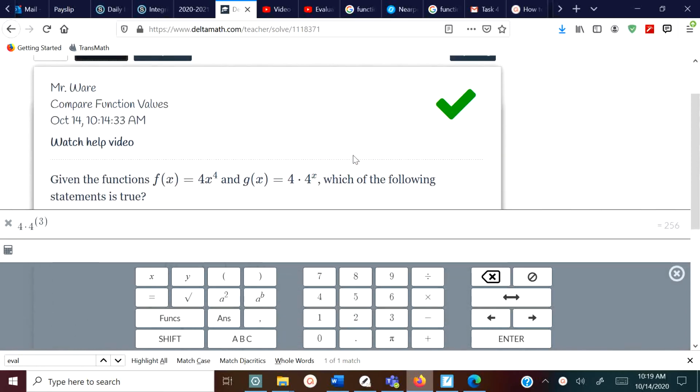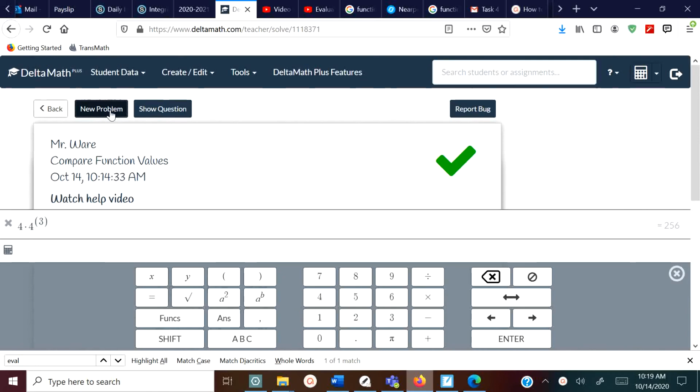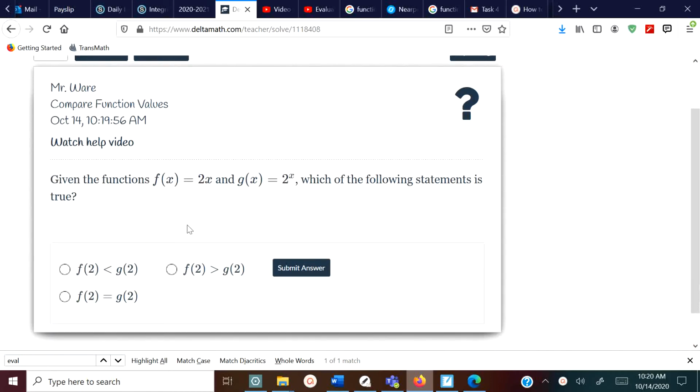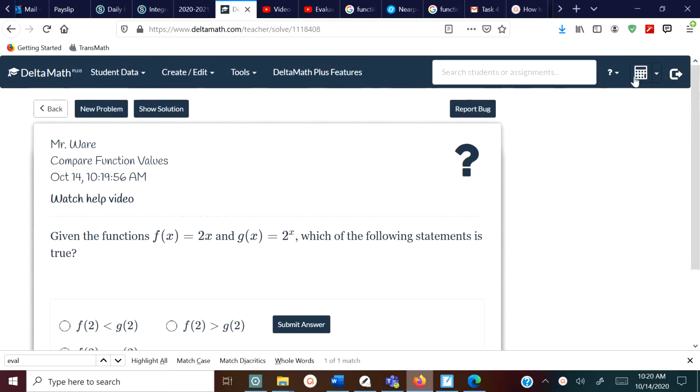Alright, let's do another one. We've got 2 times x and 2 raised to the x. We'll plug in 2, so let's pull up the calculator again.